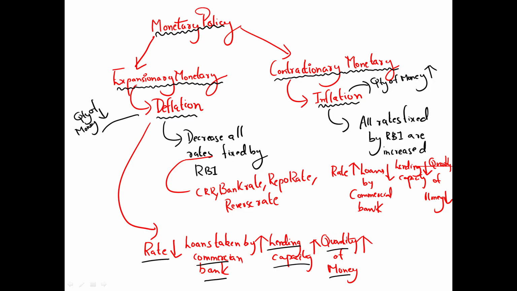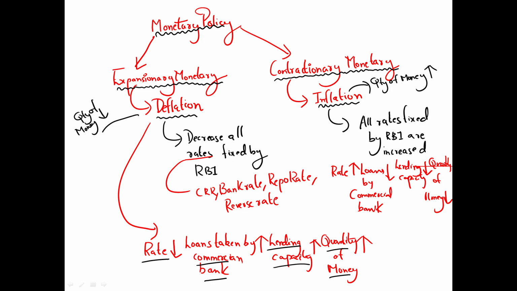On the contrary, contractionary monetary policy is implemented during inflation, as there is a humongous quantity of money in circulation, and as a result the currency value diminishes. So in order to control inflation, RBI increases the rates.